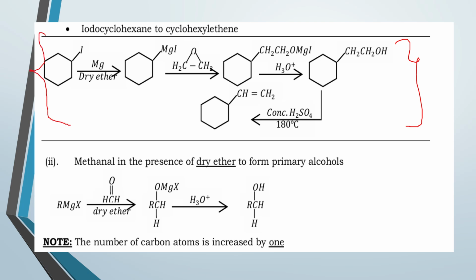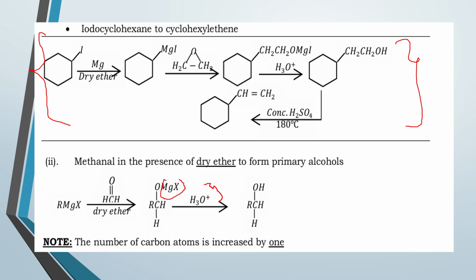Now the next reaction you're going to look at is going to be the reaction of both aldehydes and ketones. When you're dealing with carbonyl compounds, or when you're dealing with Grignard synthesis, we looked at this in the notes. Under carbonyl compounds, we say that whenever you're dealing with aldehydes, we are going to use a dilute acid to remove the magnesium halide.